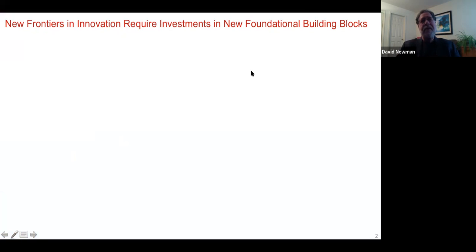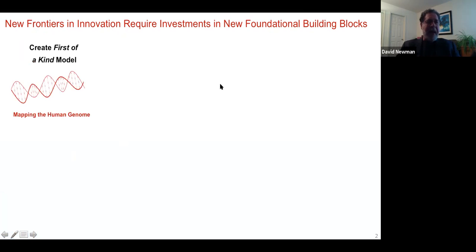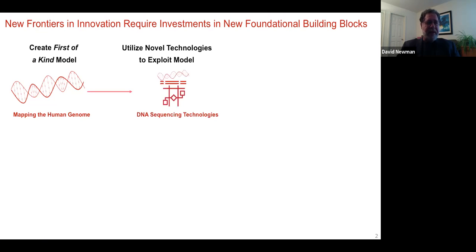New frontiers in innovation require investments in new foundational building blocks. For example, the mapping of the human genome is a representation of a first-of-a-kind model that's a prerequisite step in innovations.